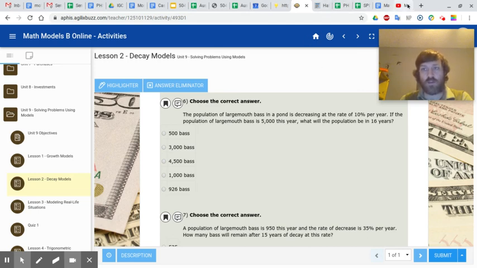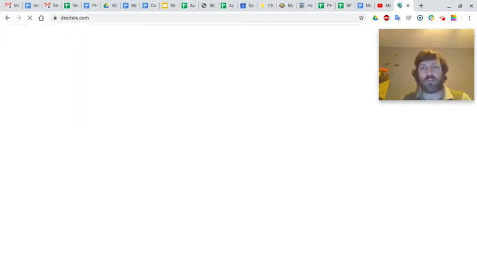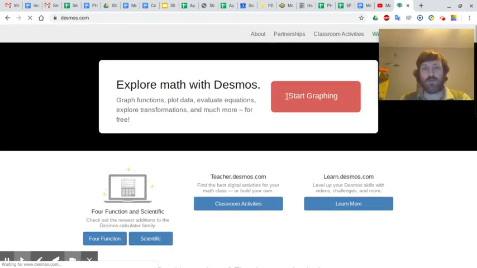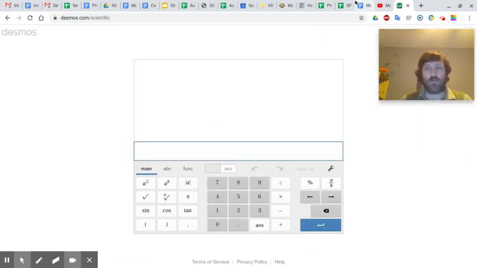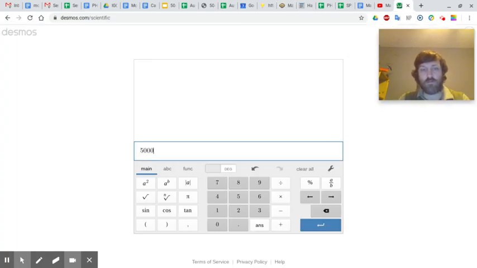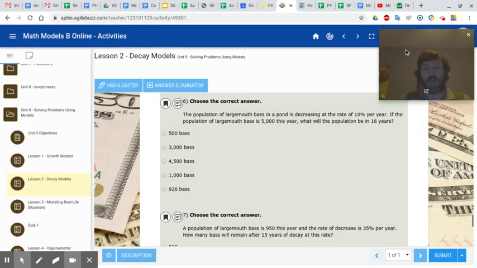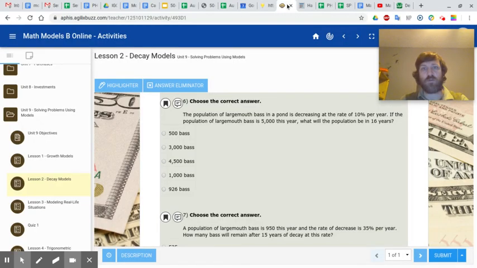The easiest way to do this is we're going to go to Desmos.com, our calculator. We're going to make this pretty simple. The way this works is we have 5,000 bass, and we're going to multiply it times 0.90, because after the first year, 90% of them are going to be there and 10% will have gone away.